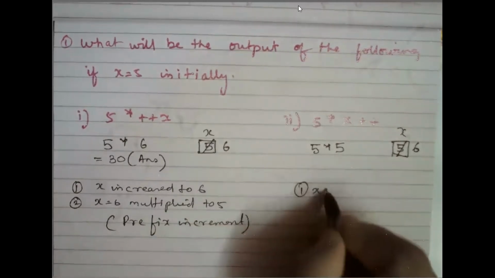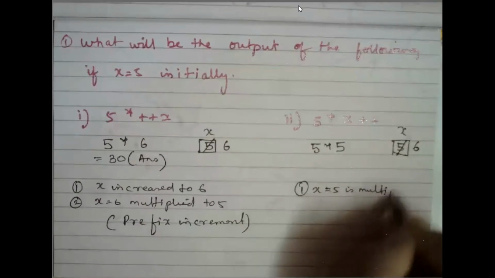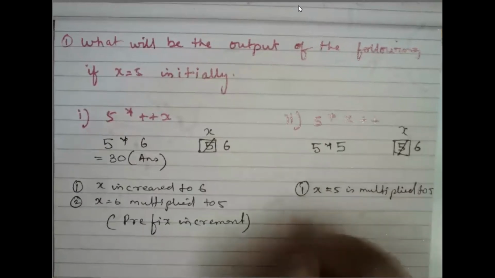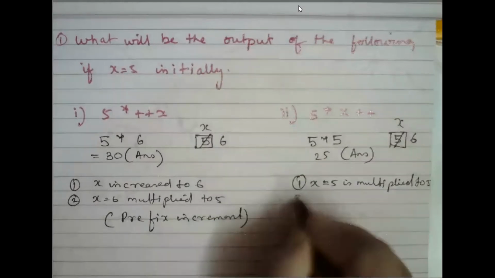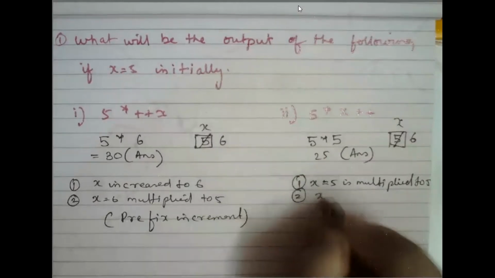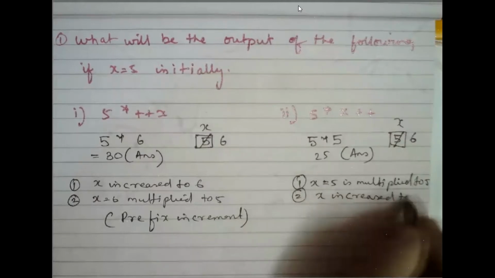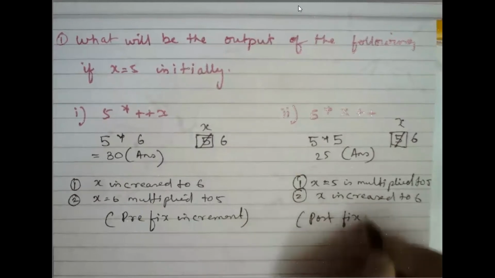But over here what happened? x, that is 5, is multiplied by 5 and I got the result 25. 25 is my answer over here. And then in the second step, x increased to 6. So this is my case of the postfix increment operator.